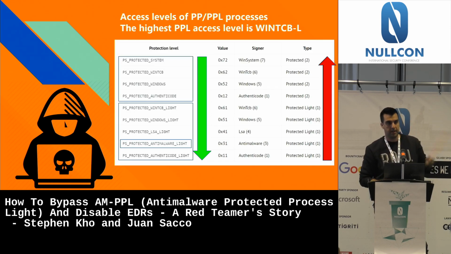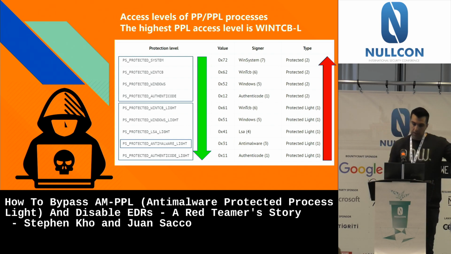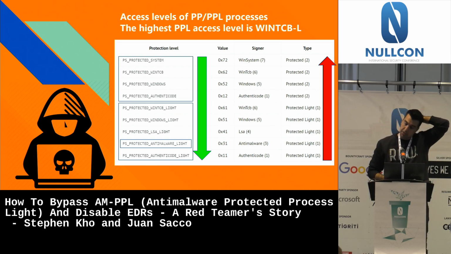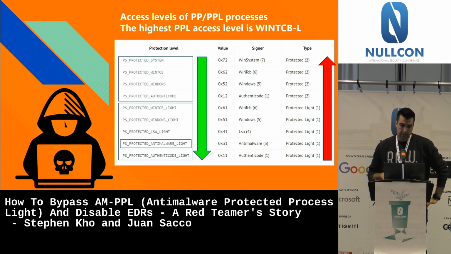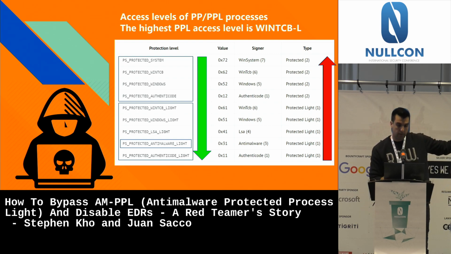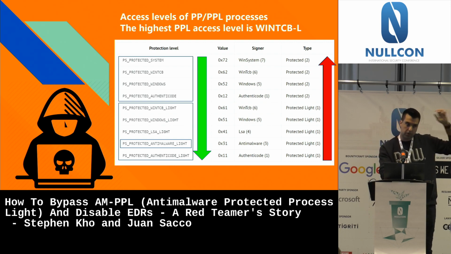The nice thing to see is, on the top left, we have the protected processes and the values that they have, and below we have the protected process light, PPL in this case, instead of PP, and then we also have the access types.